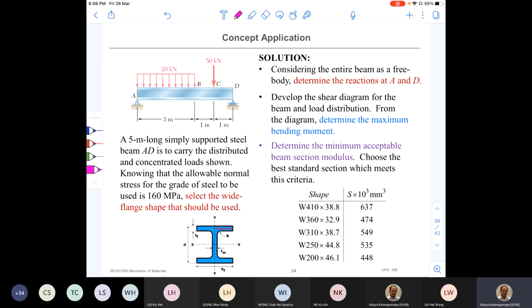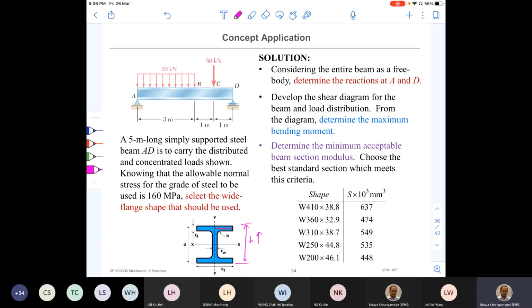So we need deep sections, for example, I sections with the higher depth. Higher depth is much better in resisting bending loads. That is why most of the time you see I-shaped beams.